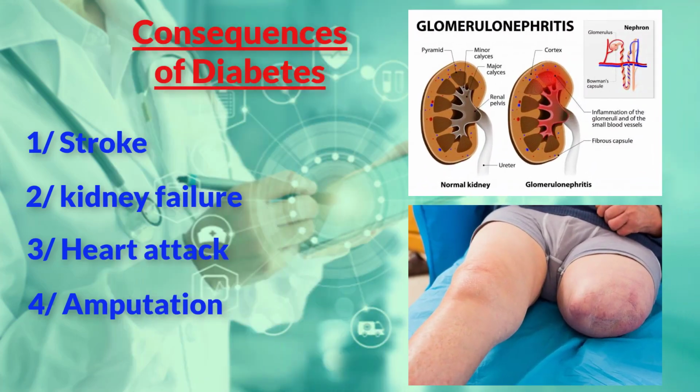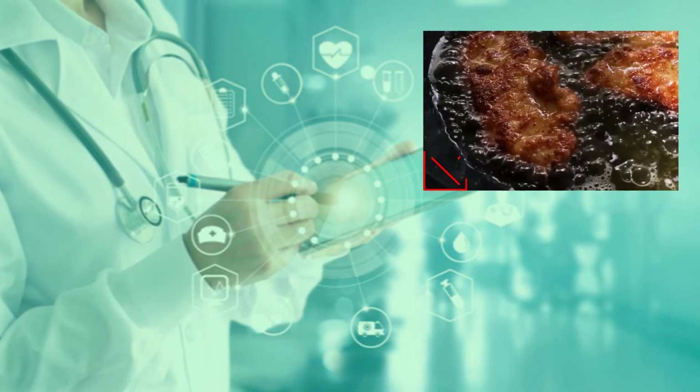Also, it will cause kidney failure. And the most concerning is leg amputation. If you have the disease for a very long time and you do not follow up with a doctor, you will face vascular obstruction at the extremity, and then the only way is cutting the leg.